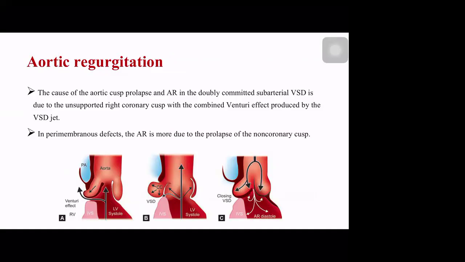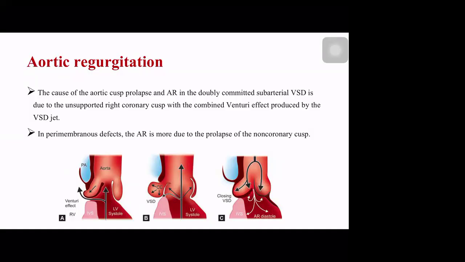Now, as I have mentioned, aortic regurgitation could be associated with ventricular septal defect. The cause of the aortic cusp prolapse and the aortic regurgitation in the doubly committed subarterial VSD is due to the anatomically unsupported right coronary cusp with the combined Venturi effect produced by the VSD jet. And in case of perimembranous defect, the AR is more due to the collapse of the non-coronary cusp.